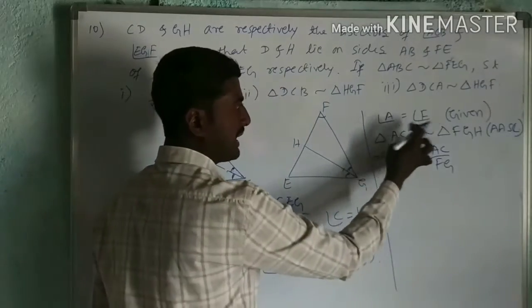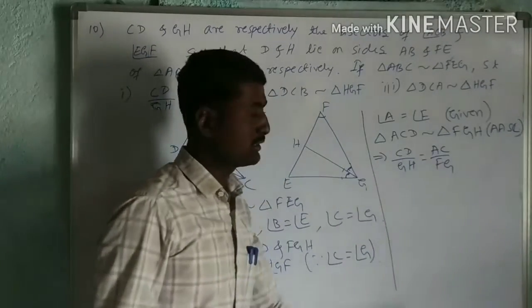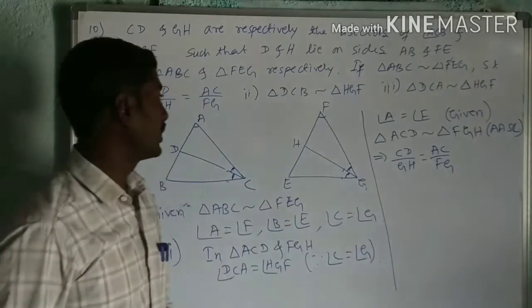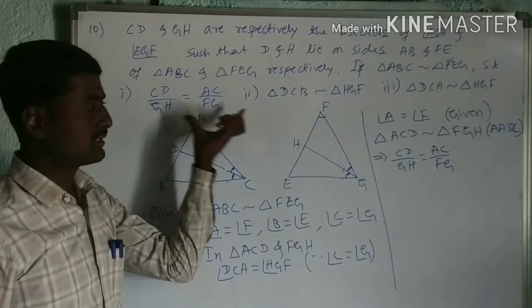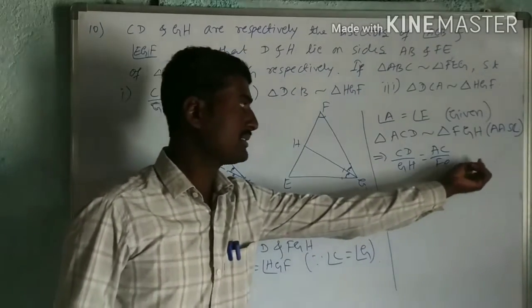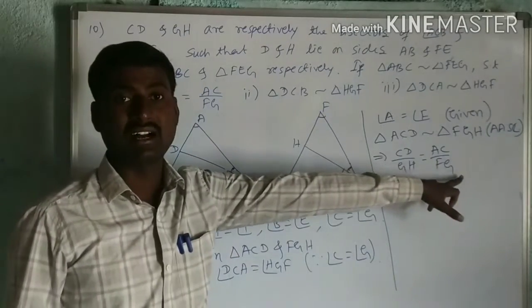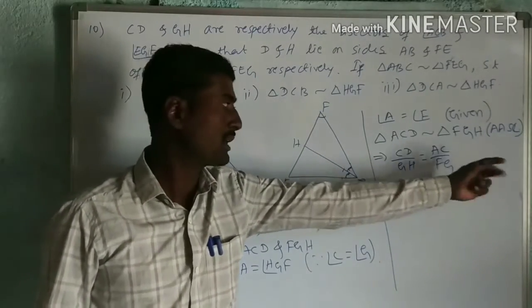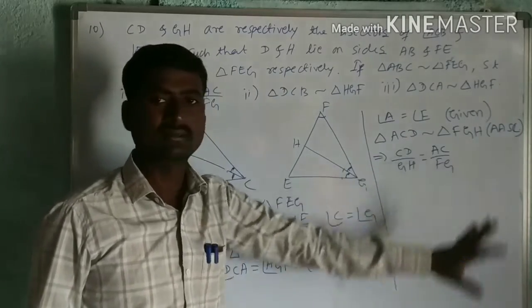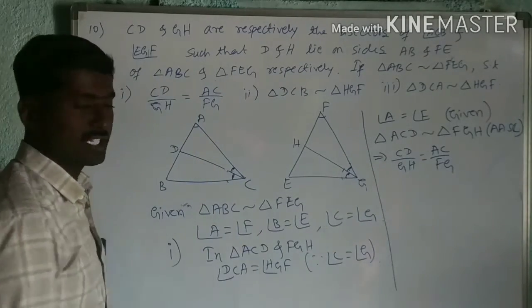Now I can write AD by FH also, but I don't want it. I want these two only. So therefore I can write, because corresponding sides of similar triangles are in the same ratio. So this completes the first one.